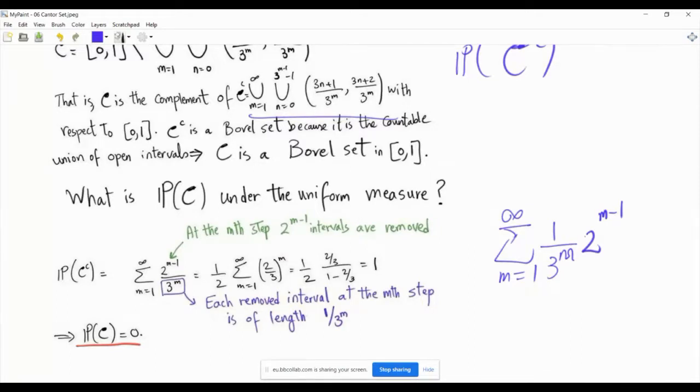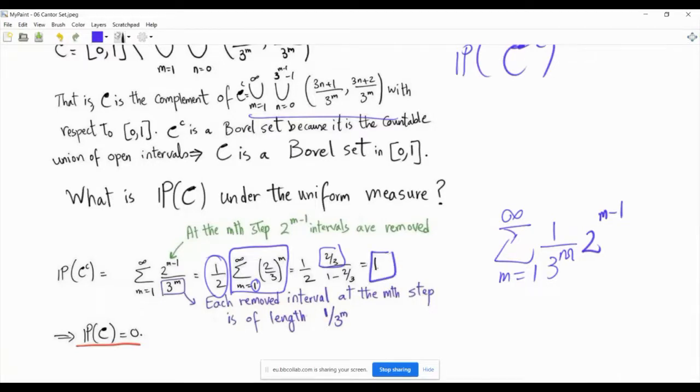And what you do is that you take 1/2 as a common factor, and then you are left with a geometric series. Then you apply the formula for the geometric series. So here we go from 1 to infinity. It's the first term divided by 1 minus the ratio of the geometric series, which is convergent here because 2/3 is strictly less than 1, and you get a 1.